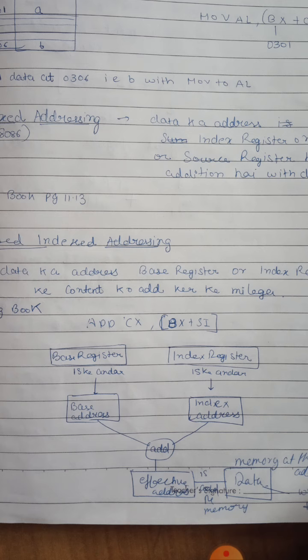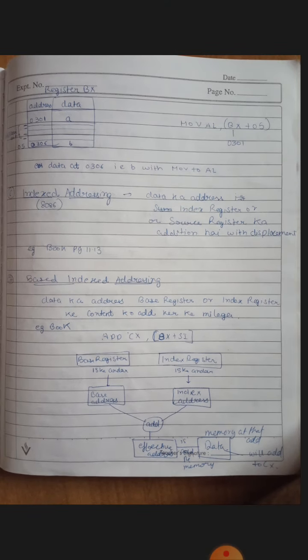The base register has the base address and the index register has the index address. These two addresses get added to give the effective address, and that effective address contains the final data on which the instruction will be executed. You can understand this with the block diagram.